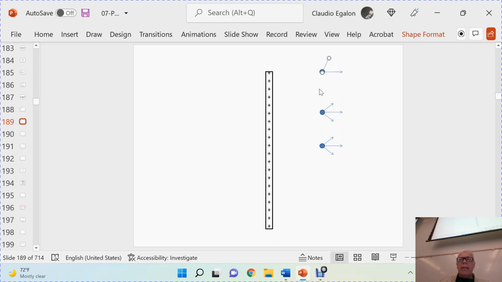So nearby the center of this planar distribution, the electric field is going to be quite in the horizontal direction, but nearby the edges, you're going to have what I mentioned to you before, what we call the edge effect. Okay, we're going to have something like that. The net field is going to be somewhat like that. But nearby the center, it is going to be almost in the horizontal direction.